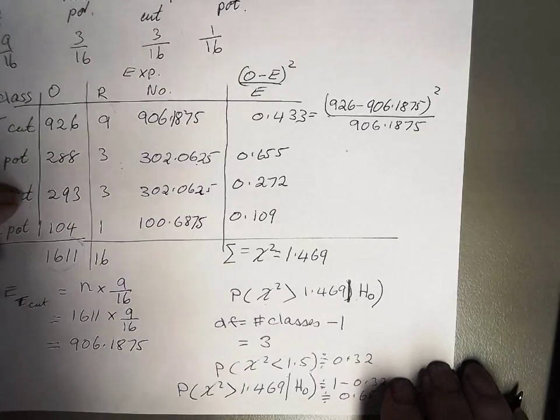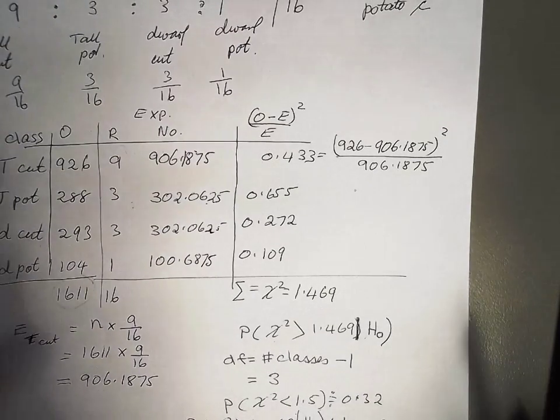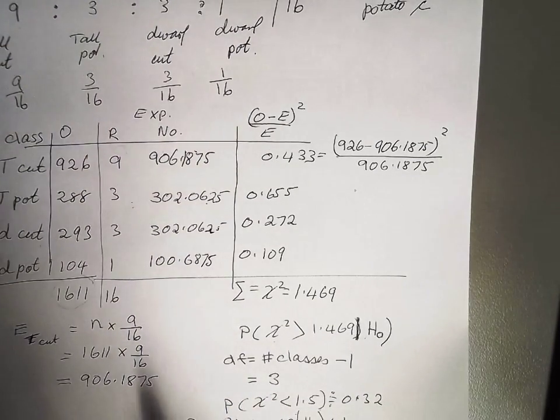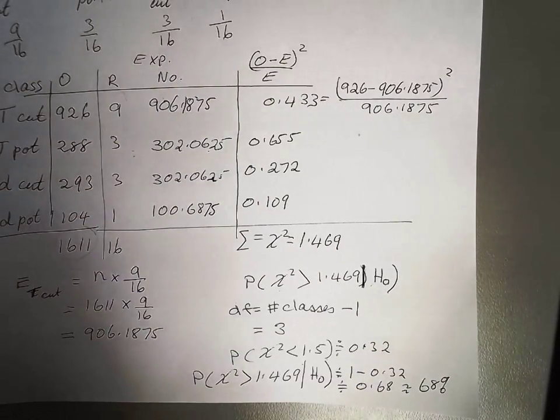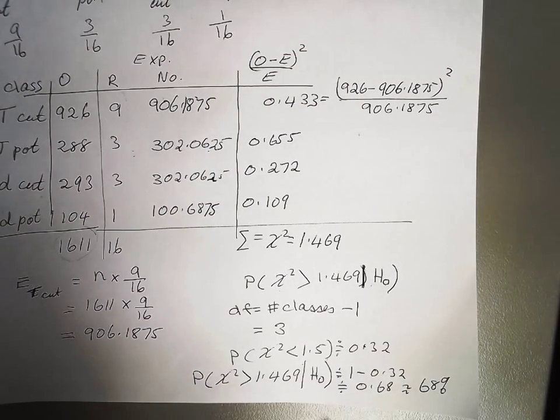So the conclusion we could make is that yes, the data does conform to, or is supporting, the hypothesis that the plants will be in the proportions of 9/16 tall cut to 3/16 tall potato to 3/16 dwarf cut to 1/16 dwarf potato.